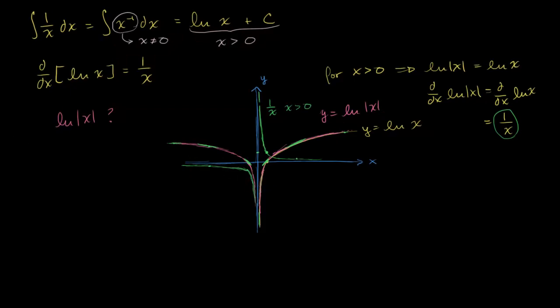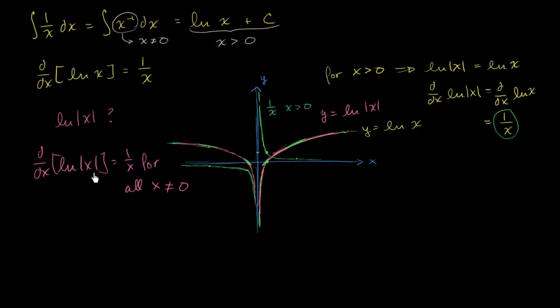So hopefully you can visualize that the derivative of the natural log of the absolute value of x is indeed equal to 1 over x for all x does not equal 0. So this is a much more satisfying antiderivative for 1 over x.